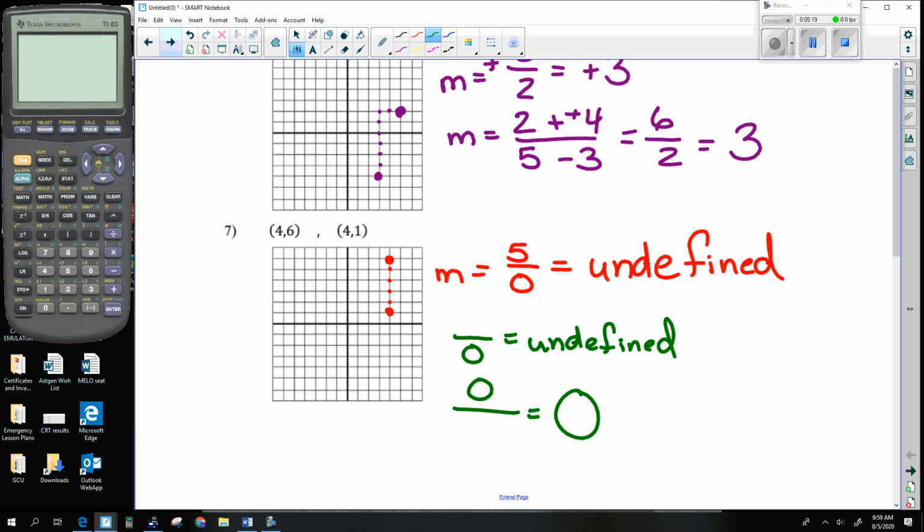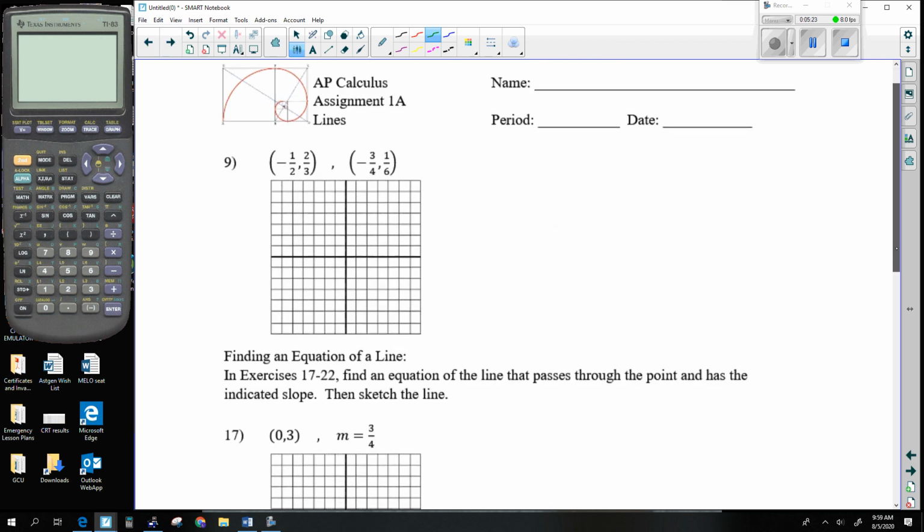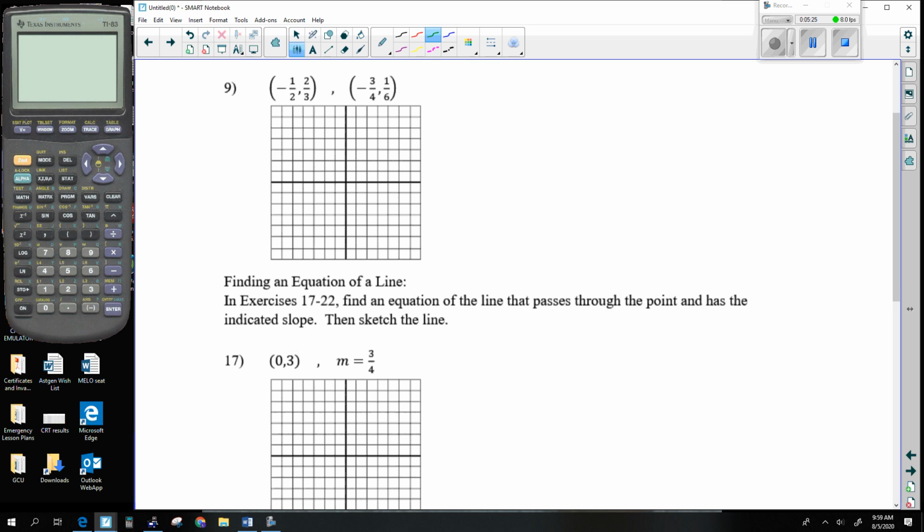Boom. Moving on. Same problem: find the slope. It really wouldn't make much sense to do this by looking at the picture.